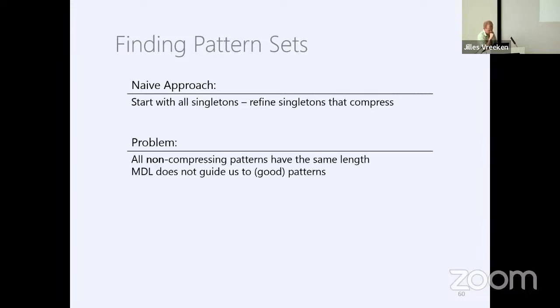The problem is that all non-compressing patterns will have exactly the same length in bits. I see you frowning. I can give an example a bit later, perhaps on the board. But essentially, MDL gets stuck almost immediately. You stay stuck with the singletons. It's never going to find actual patterns, and that is kind of meh.